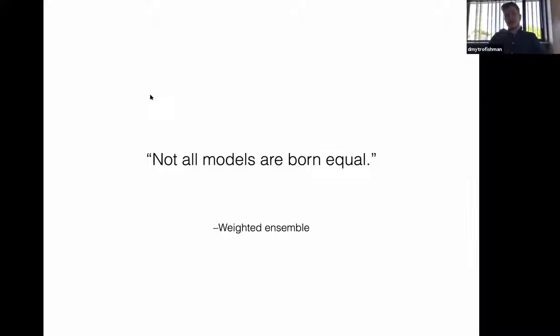So far, we have been working with models on a very equal basis. We were very egalitarian. We were using models with equal rights. Every model has equal rights in our ensemble so far, but it's not always the case. Not always do all models have the same rights.